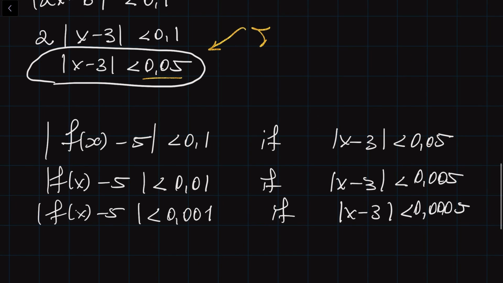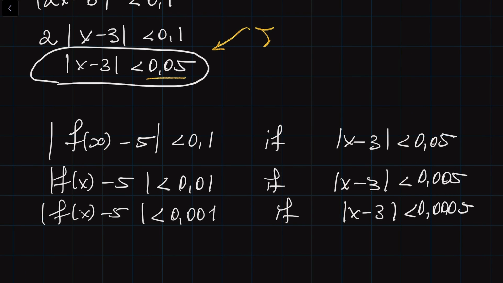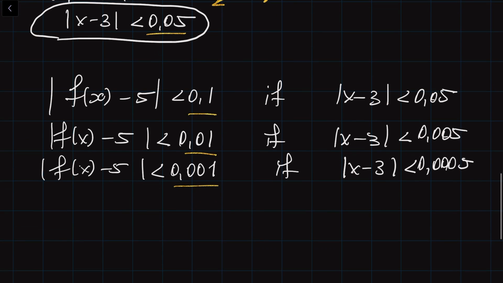So we call all of these numbers like 0.1, 0.01, 0.001 error tolerances. If we come closer to the x, we can control the proximity level of the f of x to its limit.